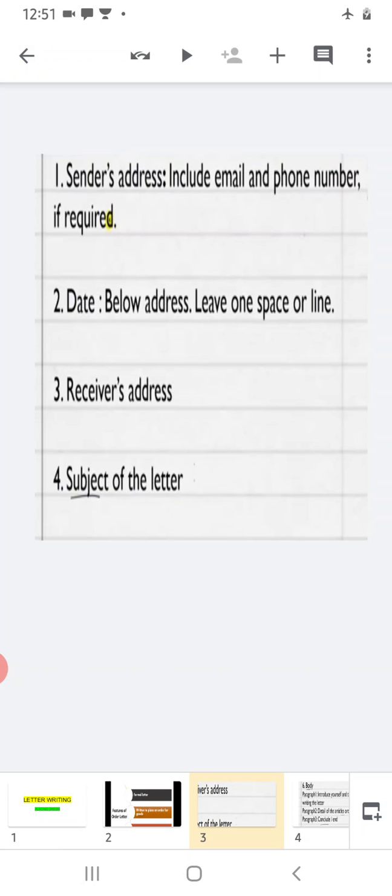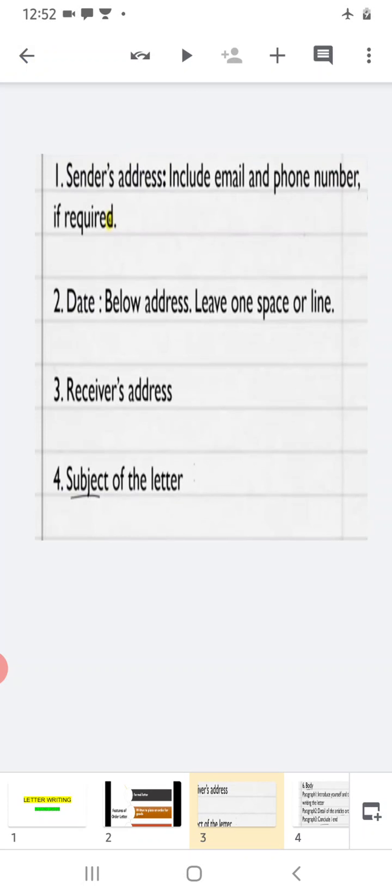You have to leave one line after writing the sender's address, and then you have to write down the date. The formal format for writing the date is, say, June 26, 2020. Then again leave a line after writing the date.